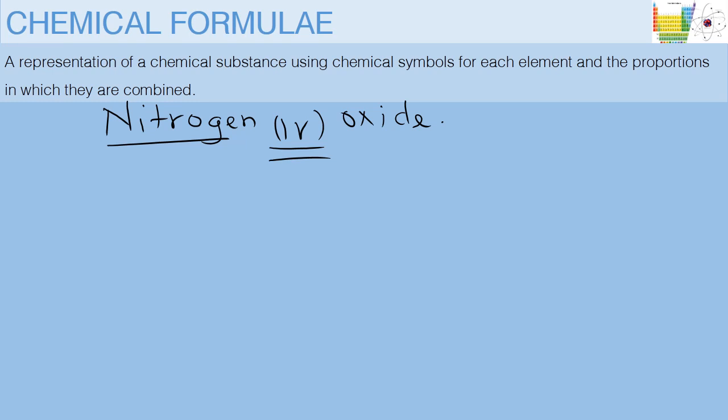If it was another element, then it will represent the valency of the element preceding the Roman number. Now, let us see nitrogen and oxygen. Oxide is from oxygen. The valency for nitrogen now is 4 because we have nitrogen IV oxide. And the oxide has a valency of 2.